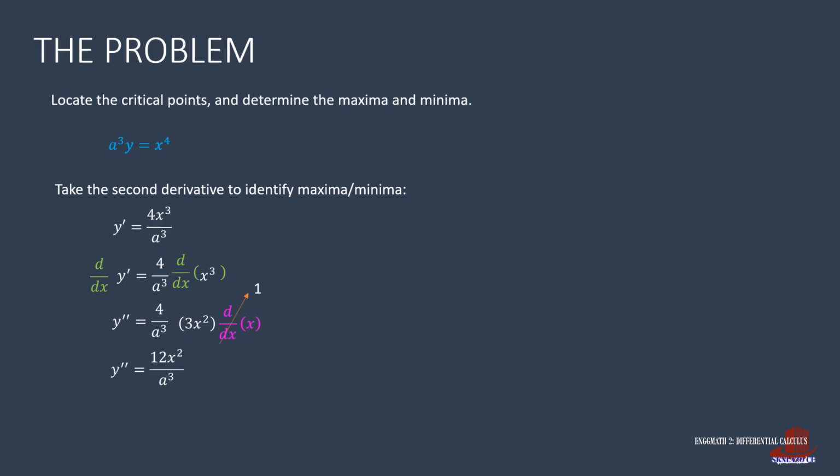So y double prime is simplified as 12x squared over a cubed. Plugging in x as 0, y double prime becomes 12 times the square of 0 over a cubed, which is 0. Because y double prime is 0, this shows that the second derivative test failed.